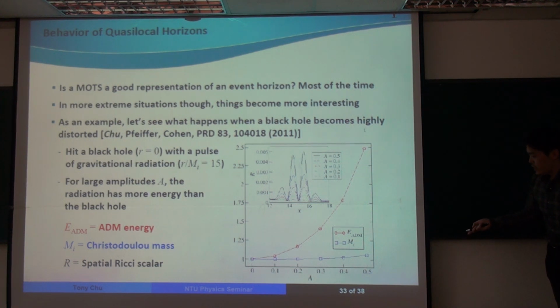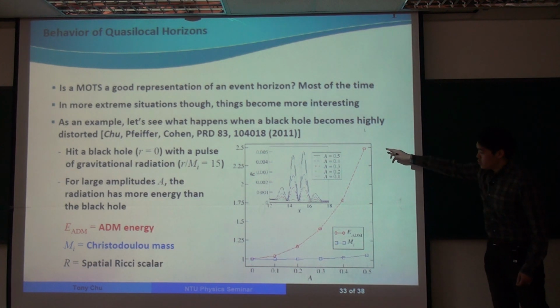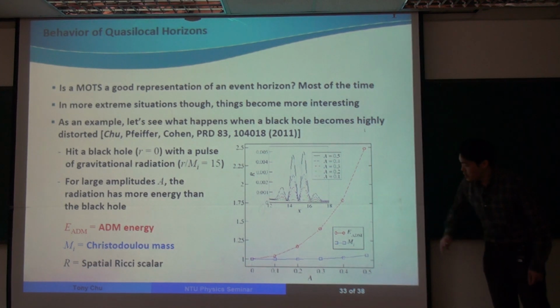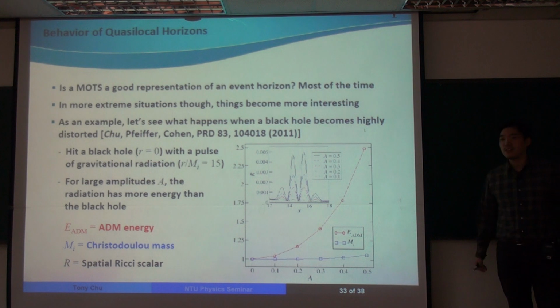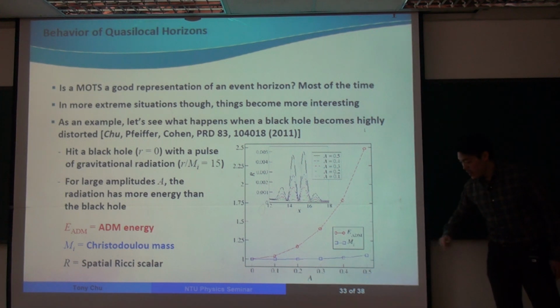The interesting thing here is that for the highest amplitude we considered, A equals 0.5, the energy in the gravitational radiation, represented by the difference between this and this, is actually larger than the energy of the black hole itself.